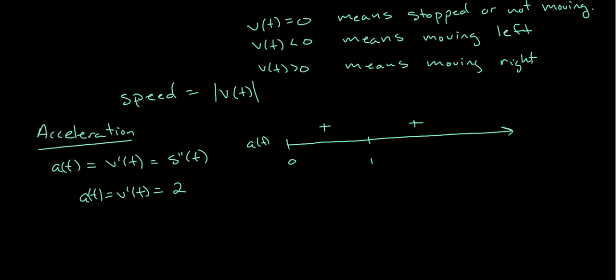All right, so if acceleration a of t is greater than 0 and v of t is greater than 0, what's happening? Well, speeding up. Just say speeding up.